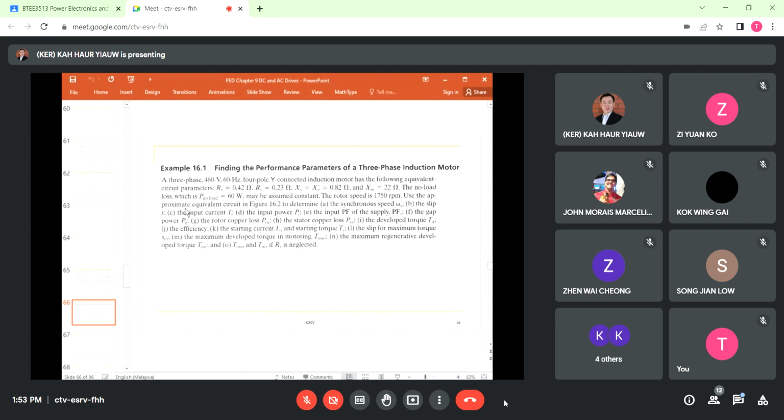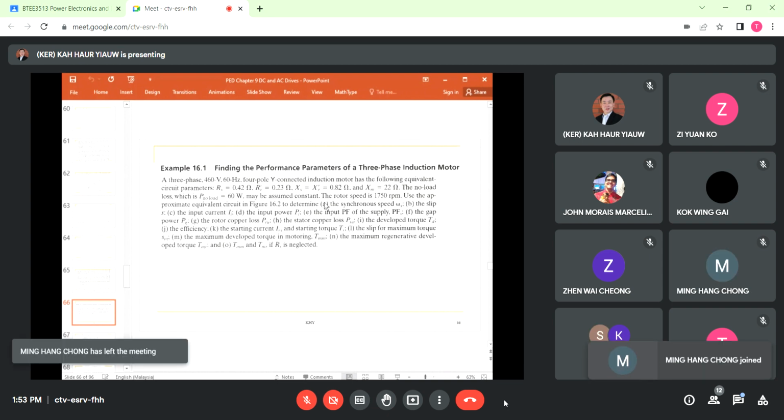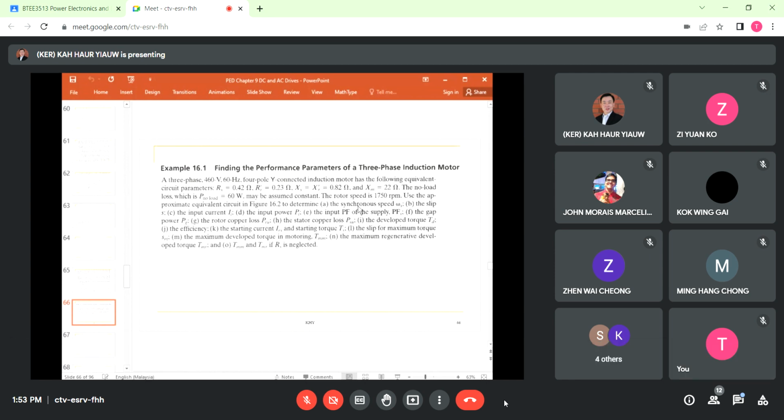No load loss is equal to 60 watts. The rotor speed is 1750 RPM. Use the approximate equivalent circuit in figure 16.2 to determine the synchronous speed, slip, and the input current if Rs is neglected.